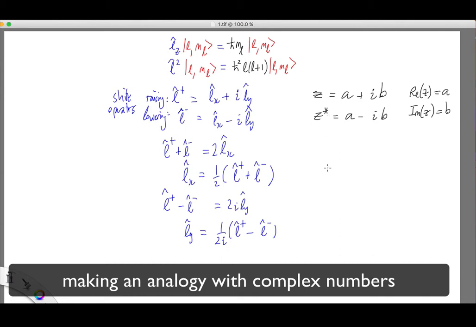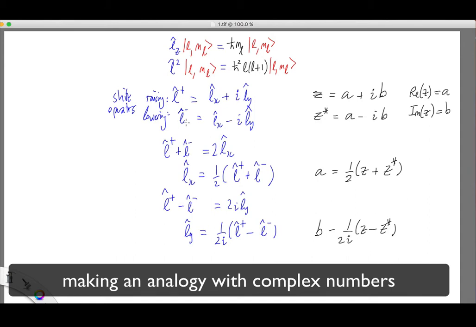And if I add together the complex number with its complex conjugate and divide by 2, then I get the real part. And if I subtract the complex conjugate of the complex number from the complex number and then multiply by 1 over 2i, then I get the imaginary part.